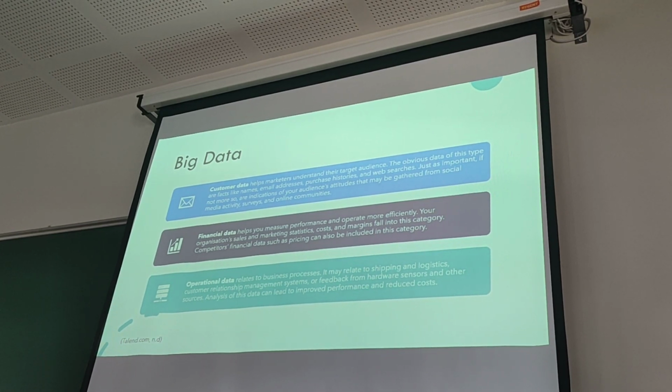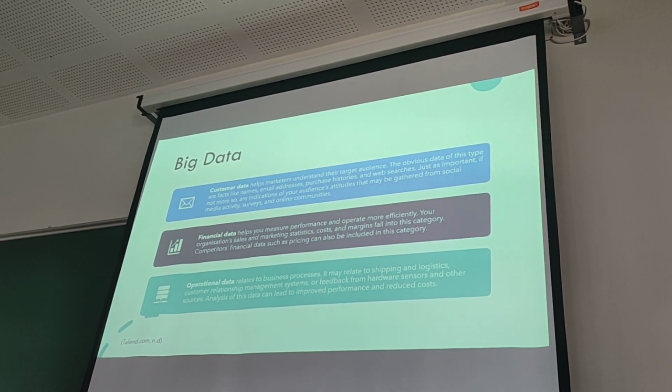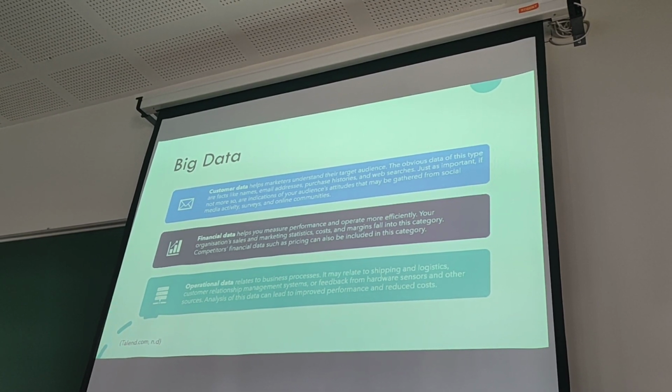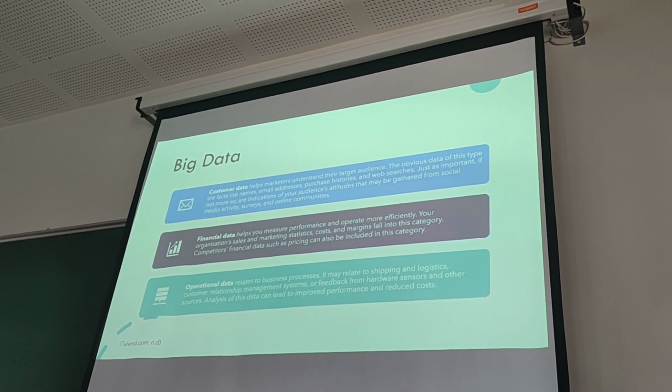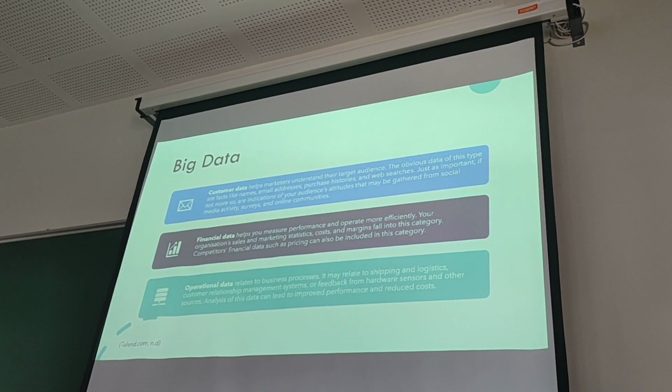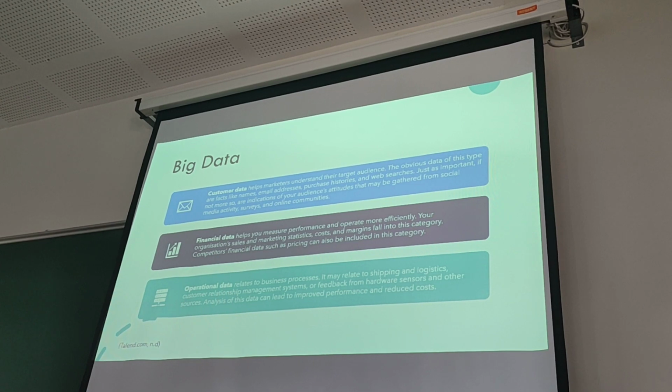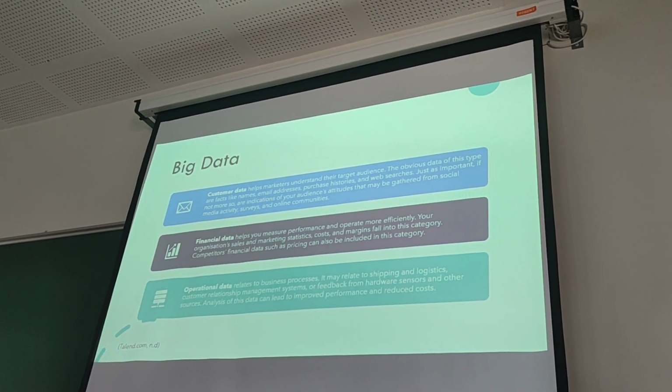Operational data relates to business processes, which may be to do with shipping and logistics, customer relationship management systems, which deal with like email marketing, but also to do with what they've bought and how long it's taken to get to them and things like that.